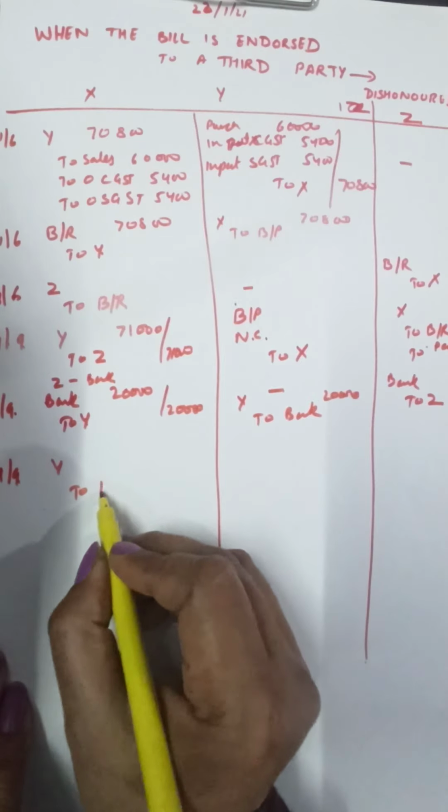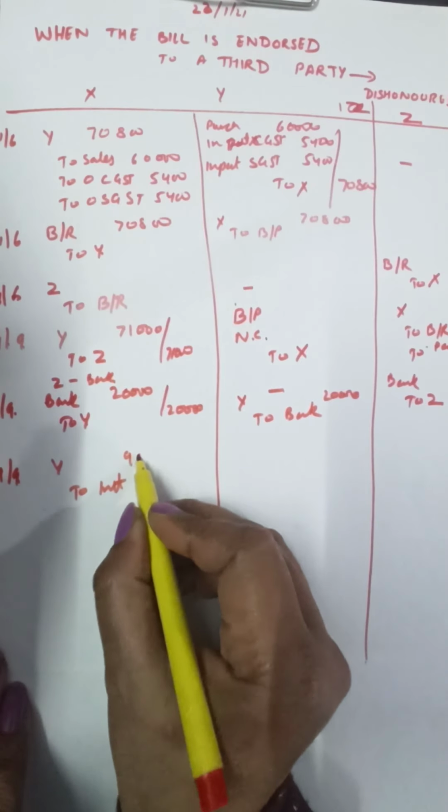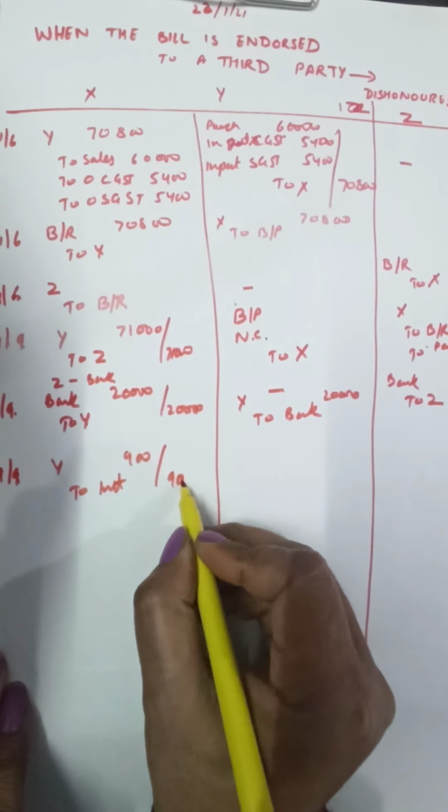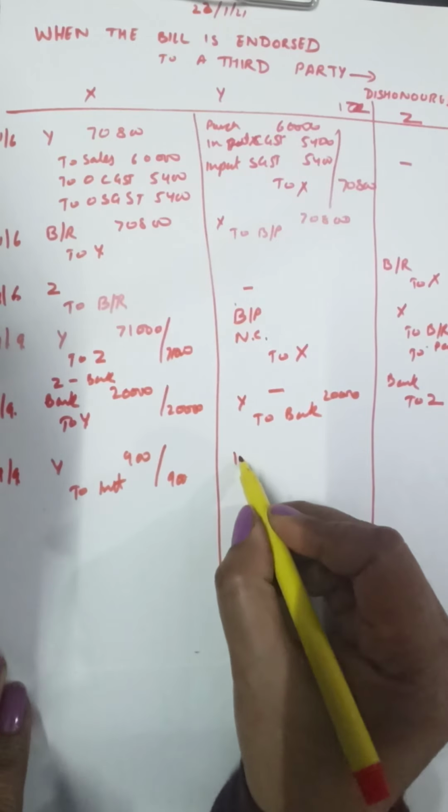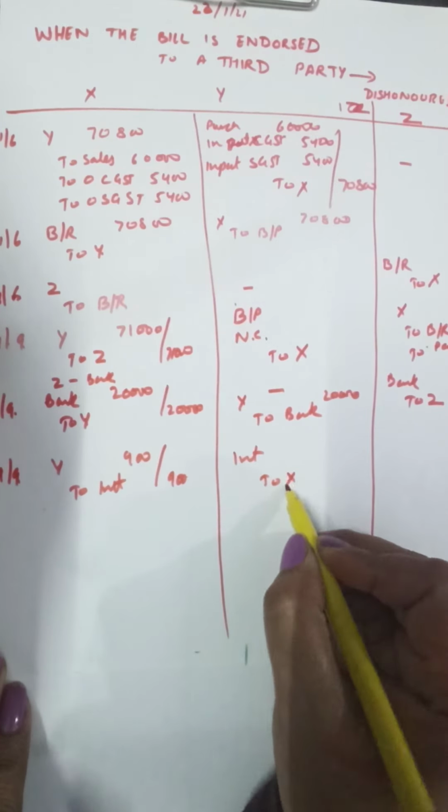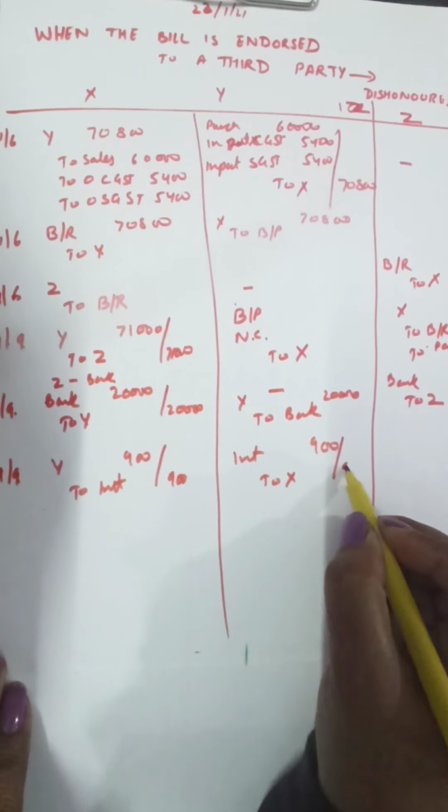Y to, then he pays the interest at rupees 900. He does not pay, he commits to pay. And in its books, interest to X, rupees 900.